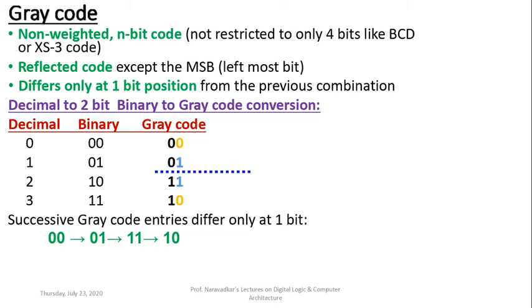And then you can observe the top gray code entry and the bottommost gray code entry here. You can observe if that MSB, meaning the leftmost bit, is isolated and not considered, then the remaining bit is a true reflection. That is what we observed by the yellow 0 bit here.